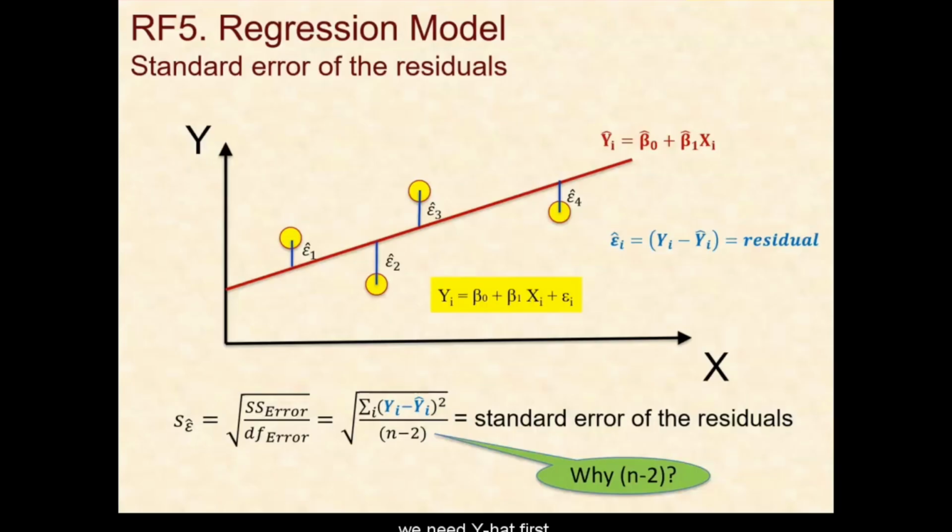As shown in red, finding y hat involves knowing beta hat naught and beta hat 1. Knowing these, we no longer have n independent pieces of information in our sample. We only have n minus 2. Consider this as taking 2 degrees of freedom to calculate the 2 beta hats, leaving n minus 2 degrees of freedom for calculating SS error. Thus, the degrees of freedom for this calculation is n minus 2.